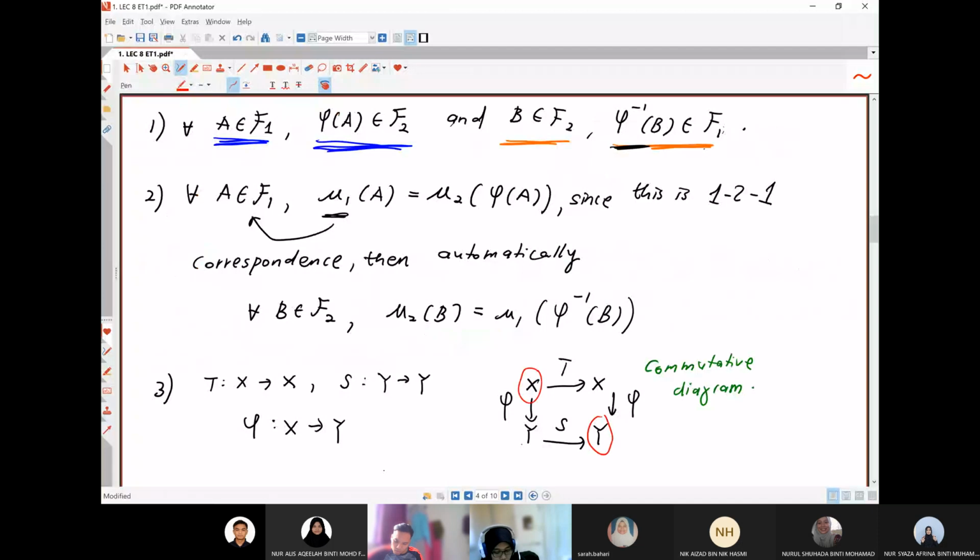There are two ways of going from X to Y. Either you go from here and then this one, right? And another path that you can go is from this to this. Is that okay?